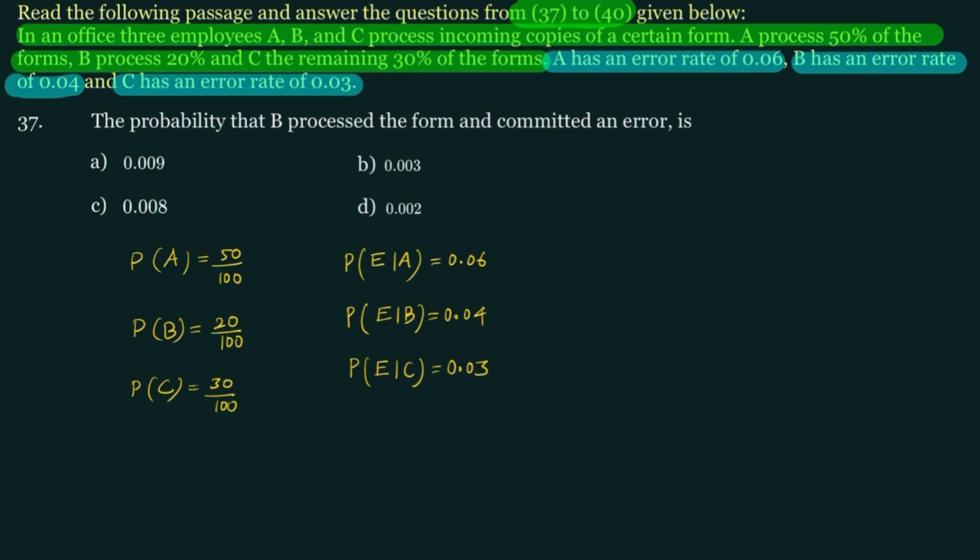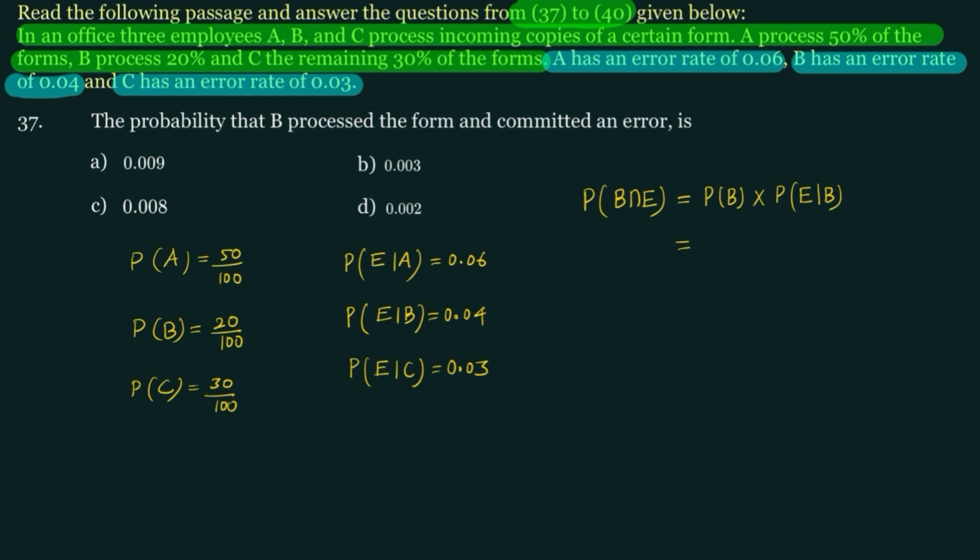Now let us read the questions one by one. In question number 37, the question is asking to find the probability that B processed the form and committed an error. That means we have to find the probability that the form has been processed by B and an error has been committed. So probability of B intersection E. By the multiplication theorem of probability, we can write this as probability of B into probability of E under the condition B has occurred.